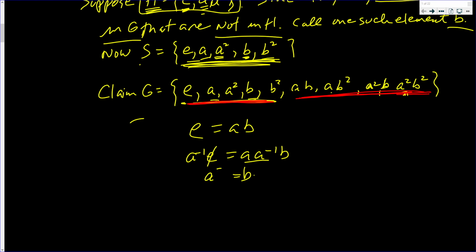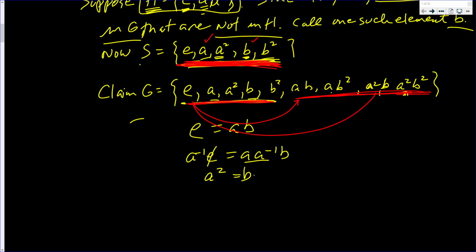But A inverse is A squared. And how many times can I say these are different? I'm telling you they're different. A and B are different. And that means that A and B squared are different, and that A squared and B are different. We proved that. So that's how you can prove, for example, E does not equal AB.